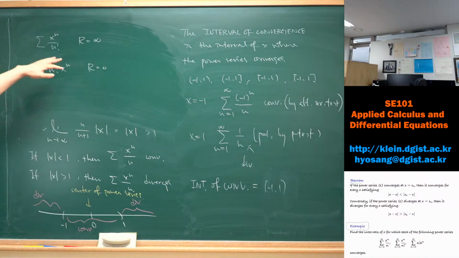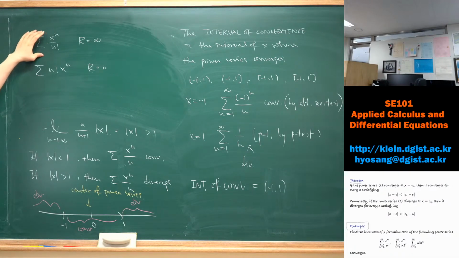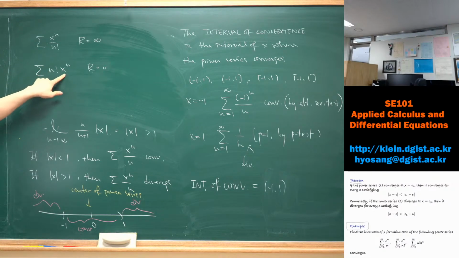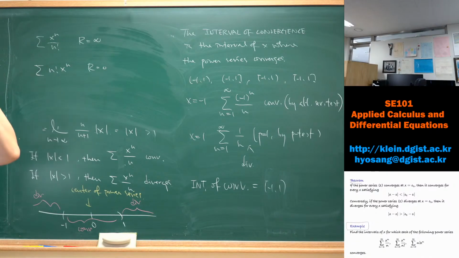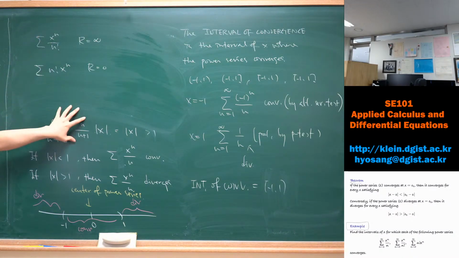So this means the first power series converges whatever value of x is. Okay. In the second one, it does not converge except for x equals 0. So if x has a non-zero value, then this always diverges. You can prove this using the same ratio test.